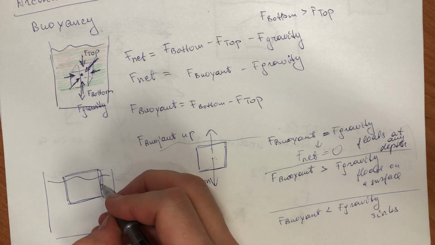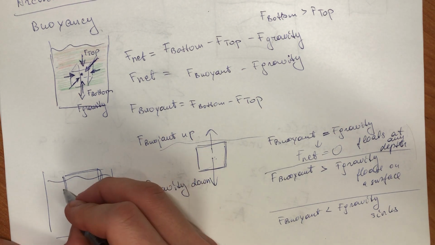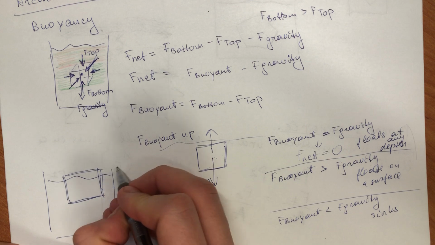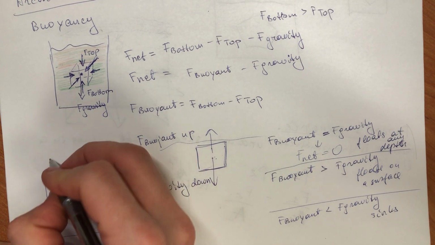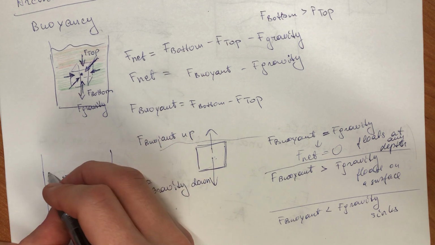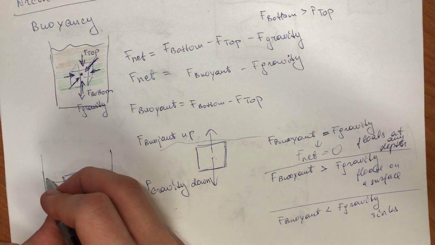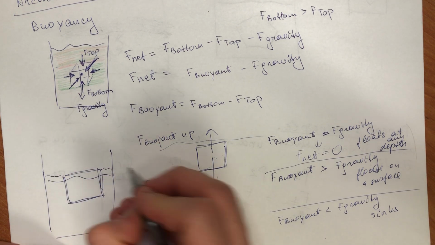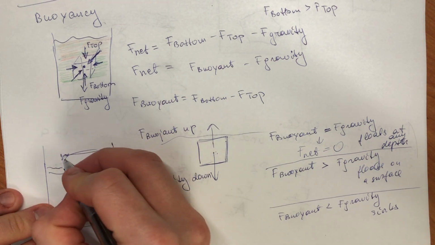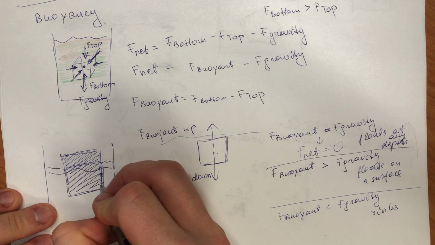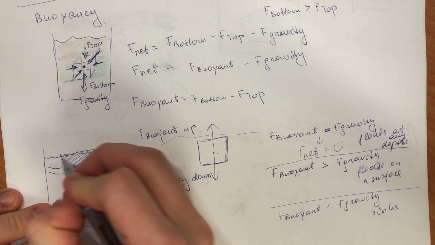When you immerse the object, the water level rises. Let's say it is a bigger object, so the water is displaced to this point.